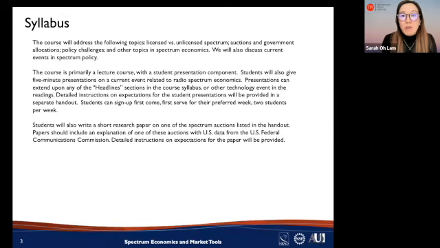So like we said before, this course is meant to give you an overview of the different topics that an economist like myself would know about radio spectrum licenses. How the federal regulators think about auctions, allocation, how to determine which bands should be licensed or unlicensed.